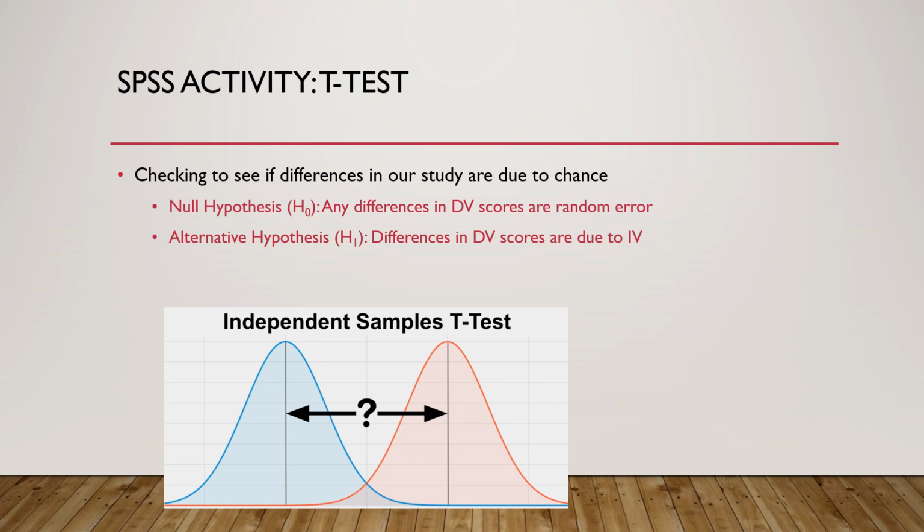There is no real effect in the real world. But if we're able to find that the likelihood of that being true is very small, then we're left with the alternative hypothesis, which is that the difference you found is something that's actually happening in the real world as a cause due to your IV. So the differences in the DV scores are due to the IV.